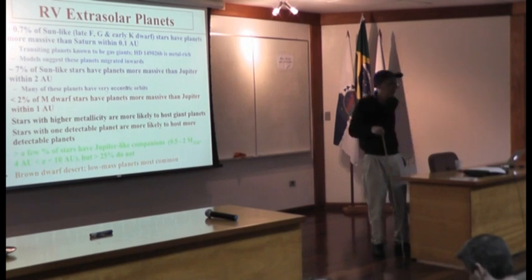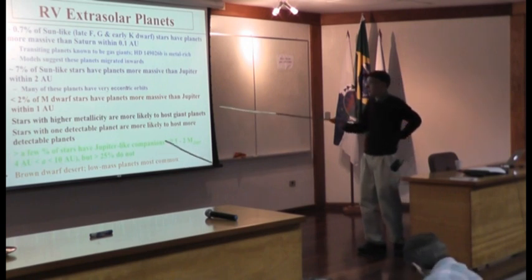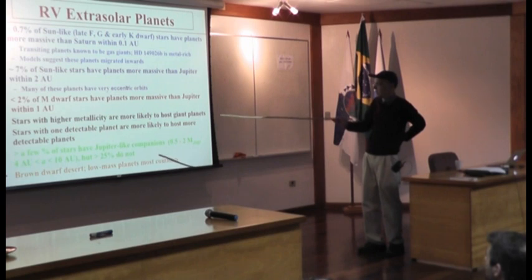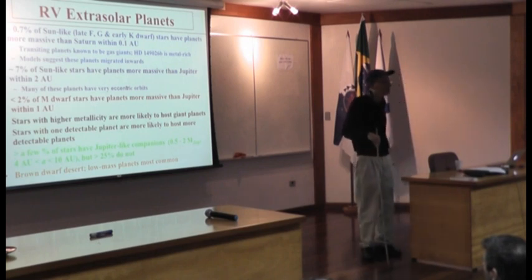But it's mainly iron is what people use. So stars with higher metallicity are more likely to host inner giant planets. Stars with one detectable planet are more likely to host multiple RV planets than if you just distributed those RV planets randomly among stars.